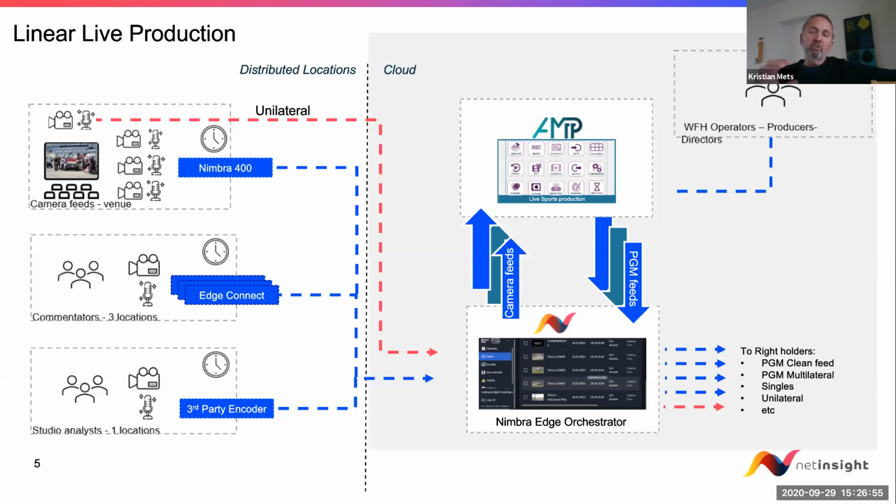And here, talking about delays, it's interesting that the delay sensitivity is really in the production phase, until you have the multilaterals, etc., that will go into the linear outputs. After that, it depends more on what each rights holder wants to do and how far away they are, and they can manage that. Each one of these can manage the delay that they want to have for securing the best transmission.